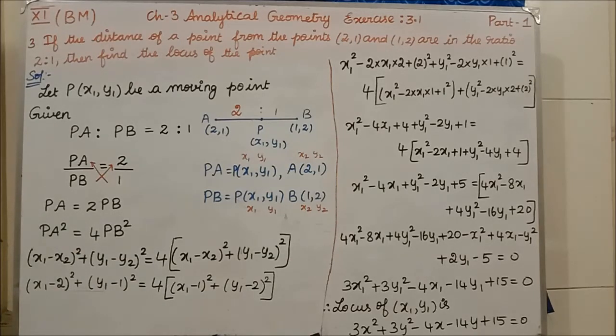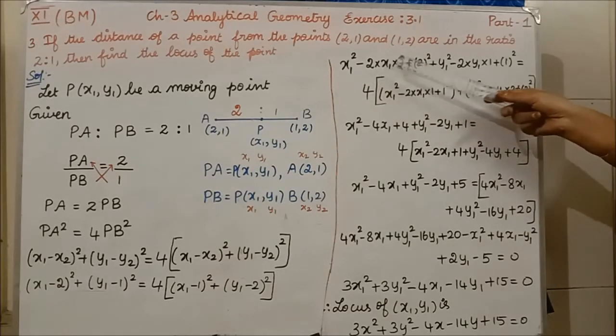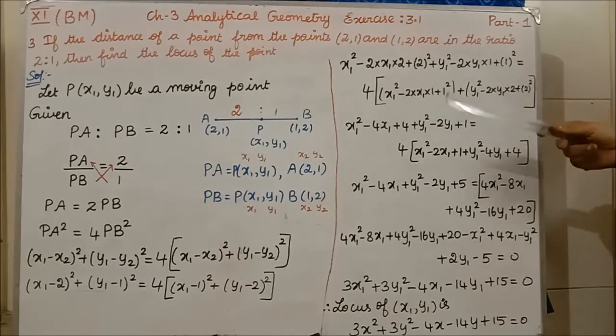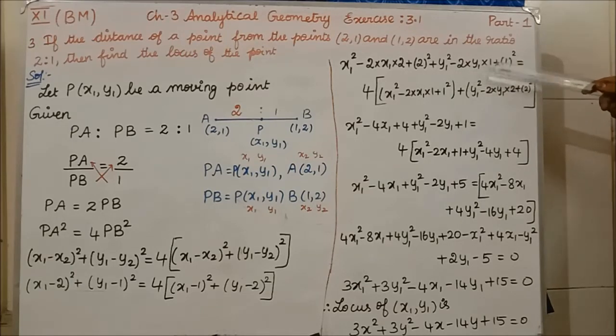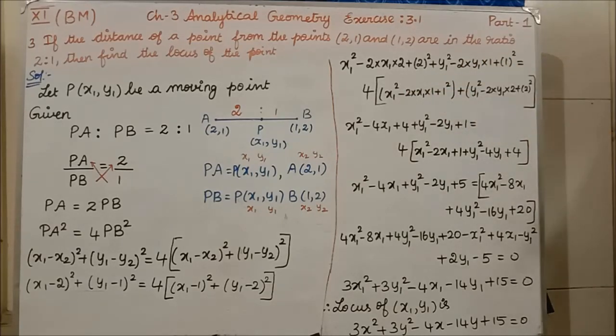Now I am expanding everything. x1 minus 2 the whole square, using the a minus b the whole square formula, gives a square minus 2ab plus b square. Likewise y1 minus 1 the whole square expands the same way. Since I have no space, I am writing it down below. You have to write in your classwork continuously.